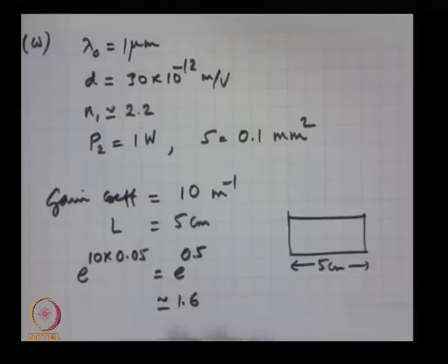But remember, if I put this amplifier within a laser cavity, between a pair of mirrors, I can convert the amplifier to an oscillator. You have studied lasers in some course. So I take this amplifier, put a pair of mirrors on either side of it.